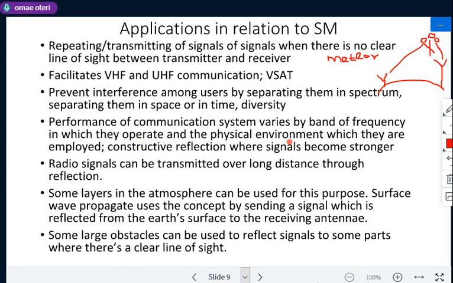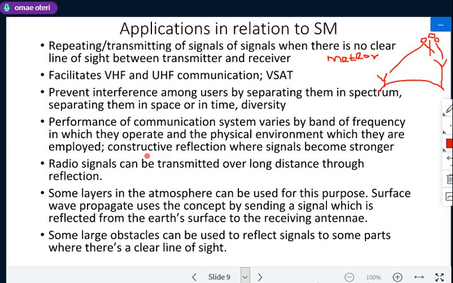So you can talk about constructive reflection, where the signal will add to the received signal or to the transmitted signal, making it more. Because of the strength, which is quite high, the signal is able to go more distance.